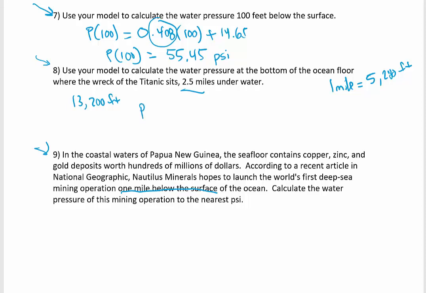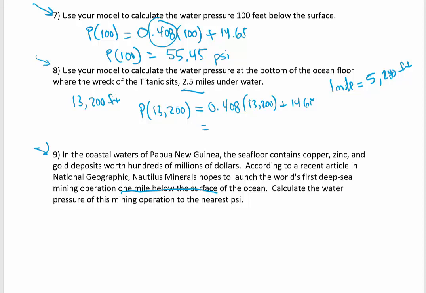So what we're going to do is calculate the pressure at 13,200 feet deep, plugging that into our equation: 0.408 times 13,200 plus 14.65. Let's see what we get.